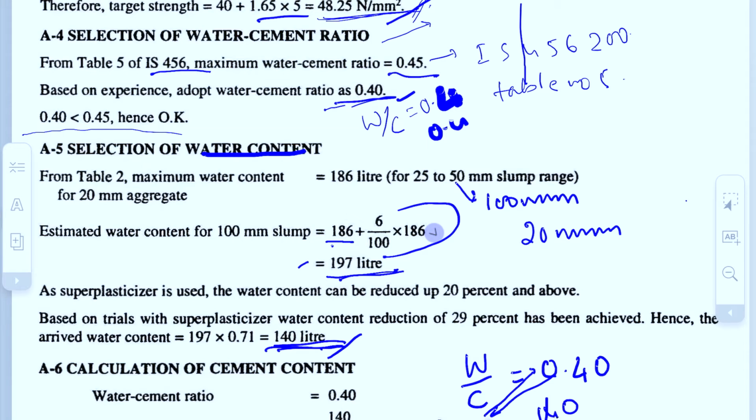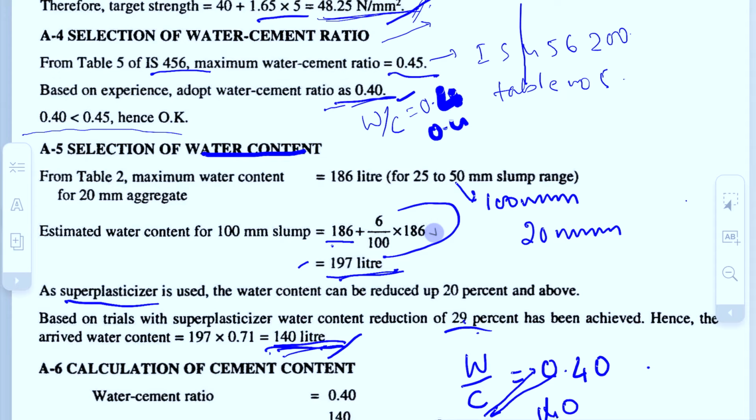Since we are using a superplasticizer also, we consider a 29% reduction in water content. This is an assumption. If 29% water reduction is obtained by the superplasticizer, the actual water content which we are going to use is 140 liters.